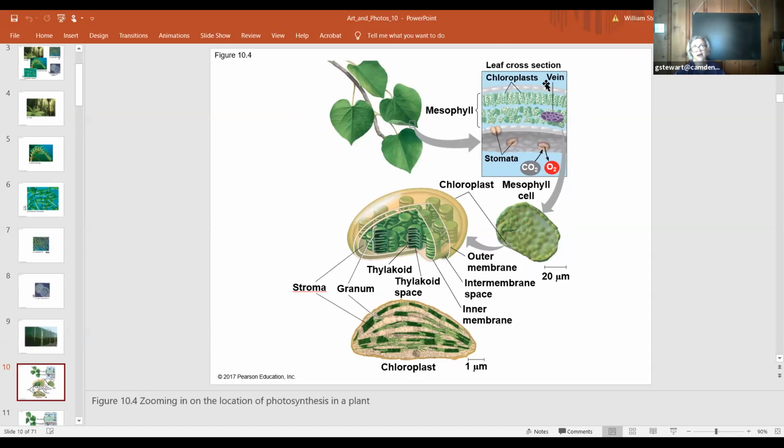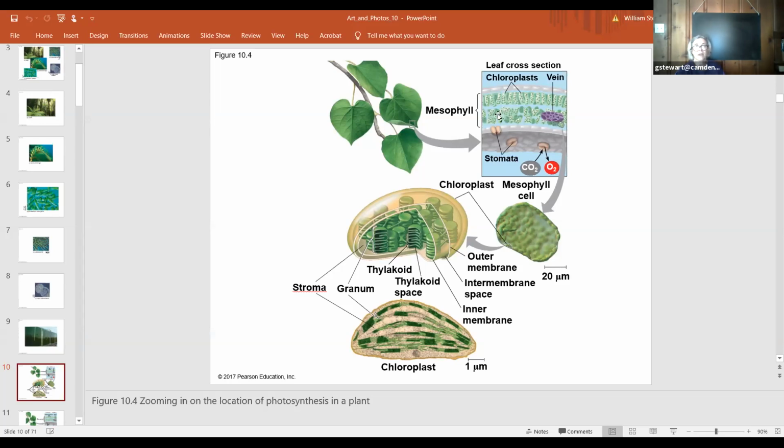So this is the top of the leaf and this is the underside of the leaf. Microscopically, of course. These are the chloroplasts. They're lined up in two layers of what's called the mesophyll. This is the palisade mesophyll because it's lined up like a fence. And this is the spongy mesophyll because the chloroplasts are all in cells that are kind of floating around in there.